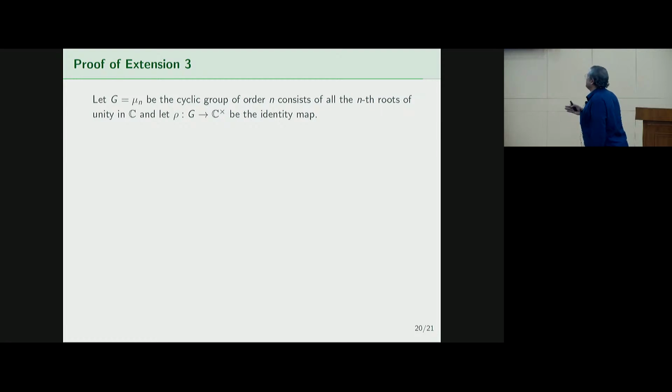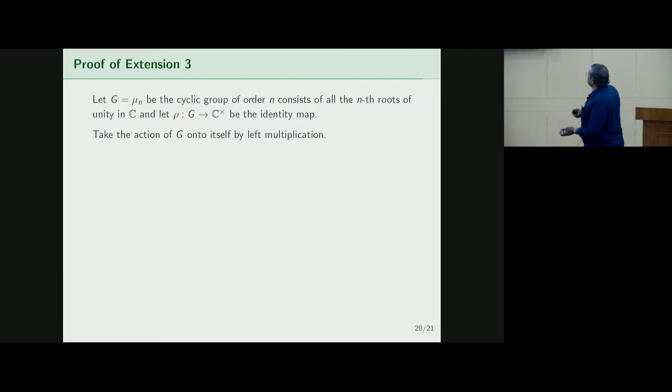Okay, here we take G to be μ_n, the cyclic group of order n, which consists of all nth roots of unity, and rho is the character from G to C star, the identity map only. I am not taking the trivial character here.